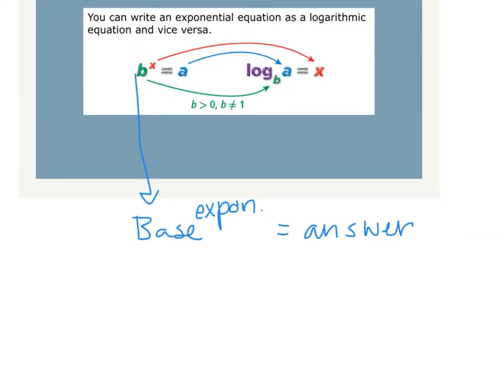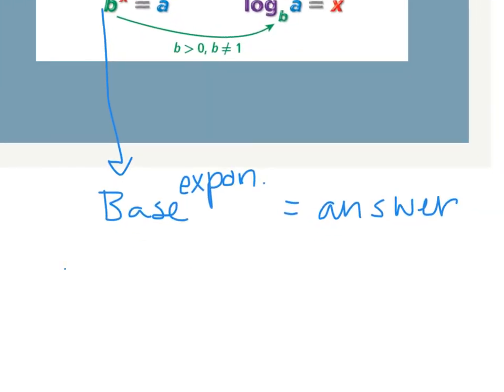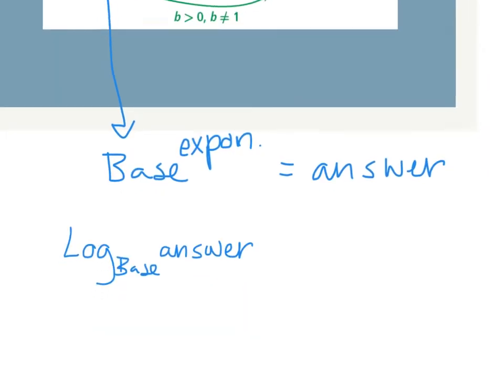Now when putting this into log form, log form always starts with the word log. Then we put the base into the basement, and then we're going to write the answer, because you could think about it this way.